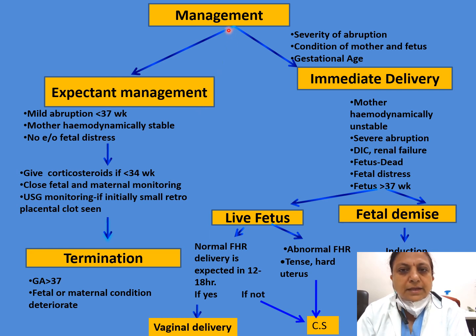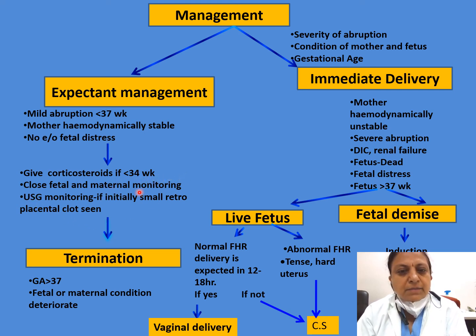Then in the expectant management, where all these factors of severity are absent and there is mild abruptio, that is grade 0 if you remember, and the gestational age is less than 37 weeks, the mother is hemodynamically stable, there is no evidence of fetal distress, then give corticosteroids, betamethasone, for lung maturity if the fetal gestational age is less than 34 weeks.